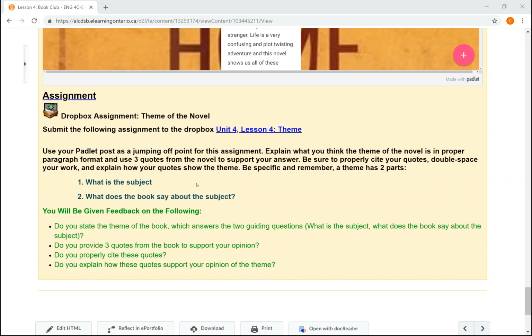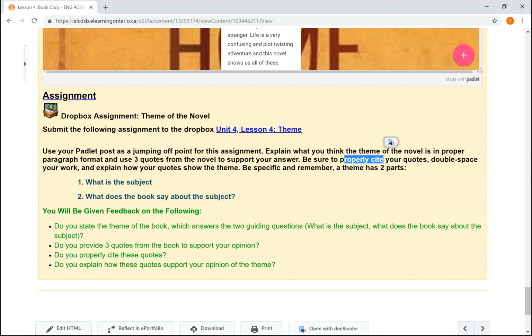So again, very important that you're following these specific directions. It's 1 paragraph with 3 quotes from the novel to support your answer. You need to make sure that you are properly citing it.